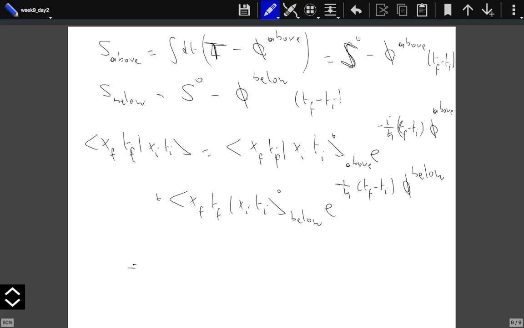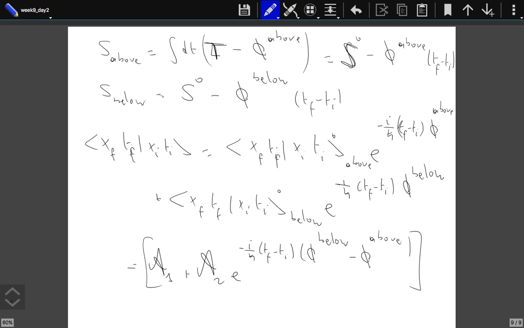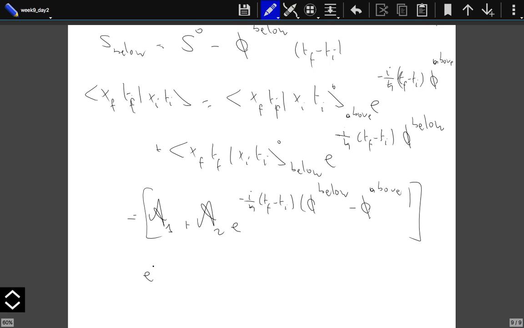This will be equal to, well, let's say A1, some amplitude, plus some other amplitude times e to the power minus i over h bar T final minus T initial times phi below minus phi above. All of this thing multiplied with e to the power minus i over h bar T final minus T initial phi above.